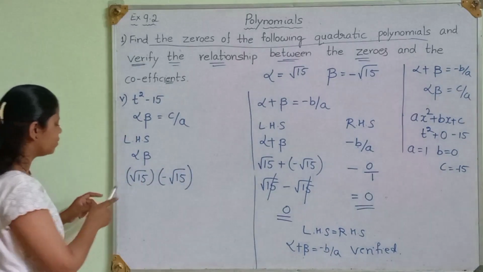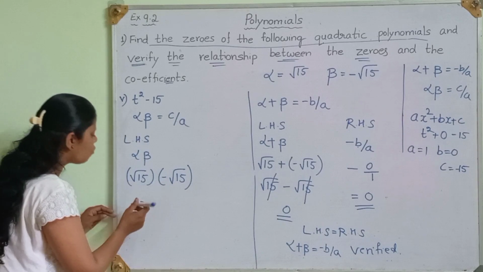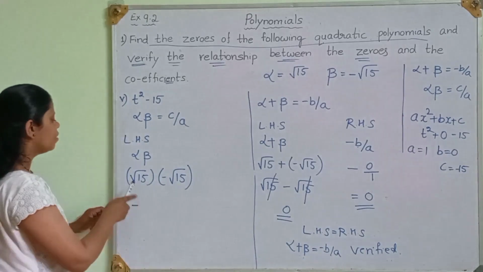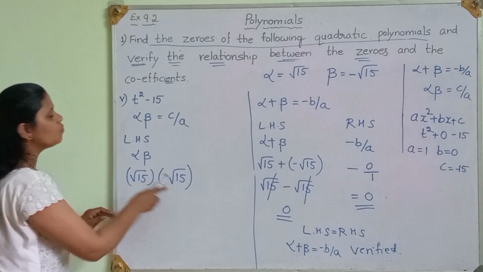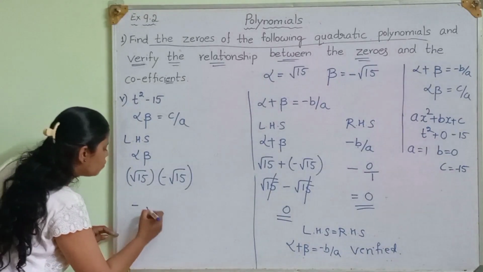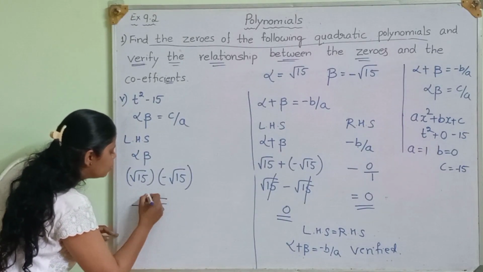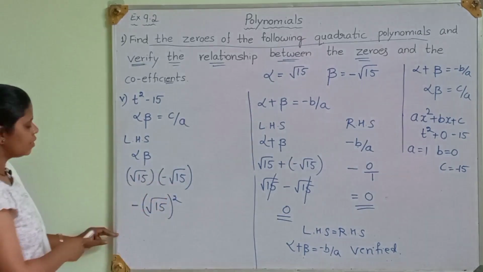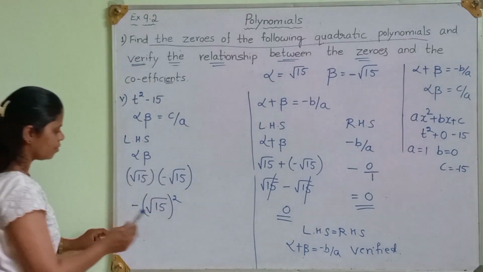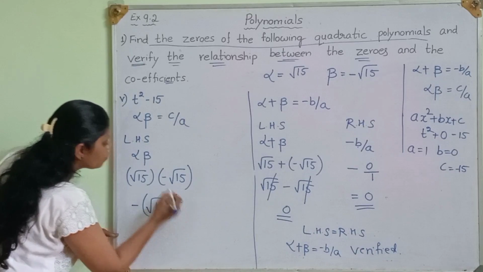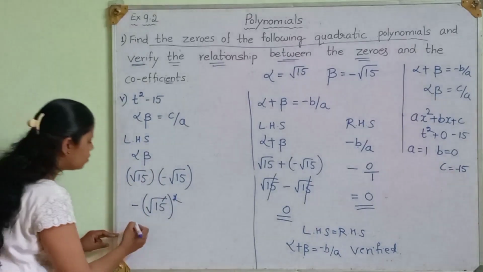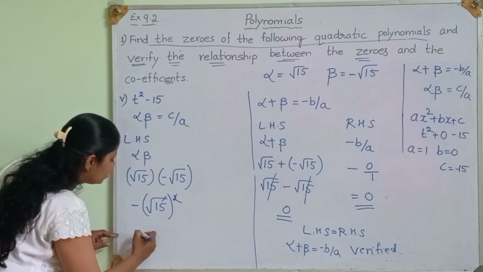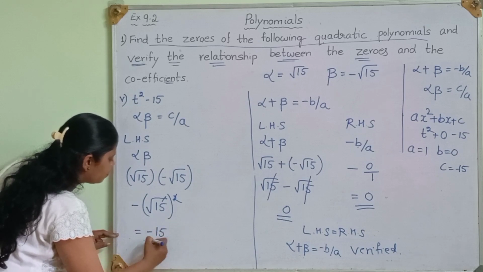Now look at this carefully. Plus into minus is minus. Root 15 into root 15 is root 15 the square. The square root and the square cancel. Therefore, the answer is minus 15, right?